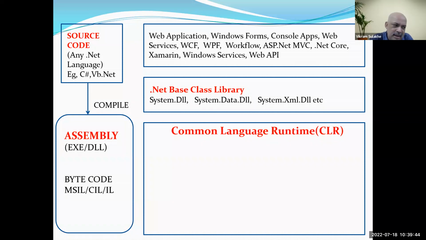The CLR here expands to the Common Language Runtime. The CLR is used to run your .NET. Any code that you're running in .NET is going to be run by the CLR.